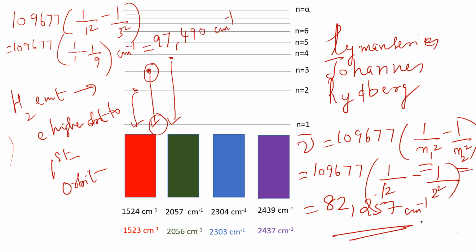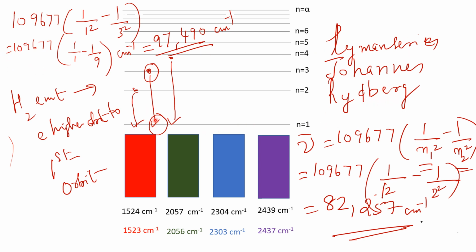97,490 centimeter inverse. Again, the second line of the Lyman series, which corresponds to the transition of electrons from the third orbit to the first orbit. If you find it practically, it will be close to 97,490 centimeter inverse, which is the wave number predicted by the Rydberg formula.